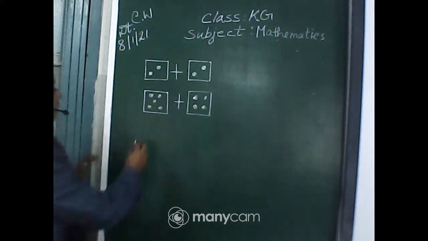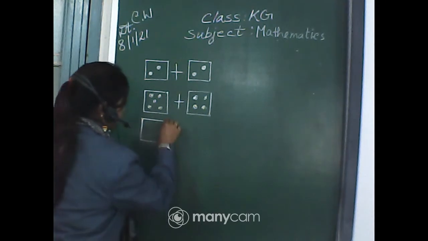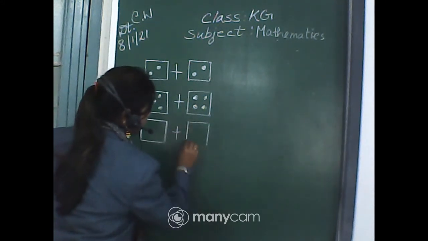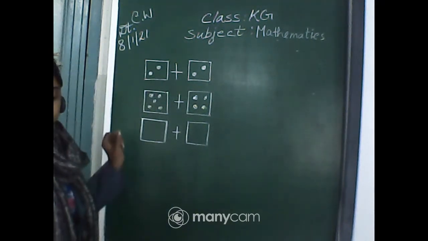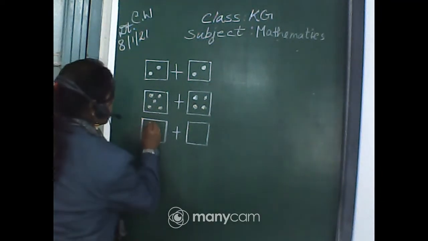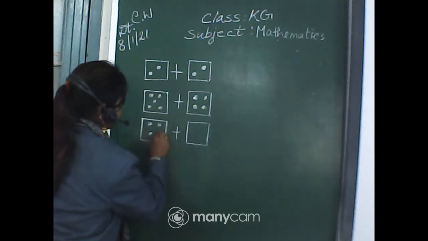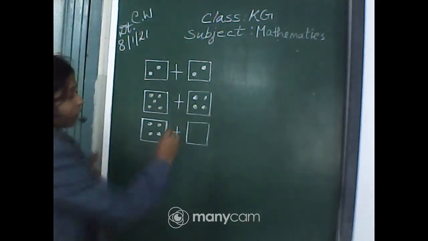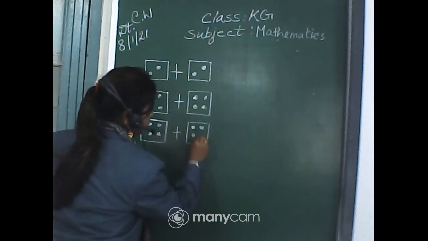Next. Just below, the same 2 boxes or 2 squares you should draw, and in the first box there are 4 dots, 1, 2, 3, 4, and the next box the same 4 dots, 1, 2, 3, 4.